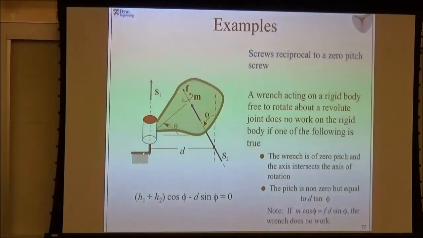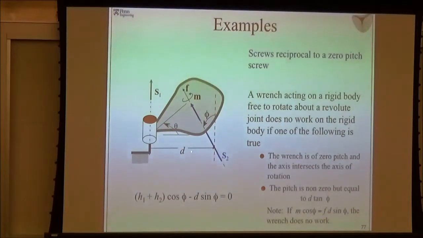So for instance, if you take a single joint and you're applying a wrench to it, the question is, when is this wrench reciprocal to this twist? So remember, this is undergoing a twist about this axis. Well, if this were a pure force, and if it were to intersect that, there is no way you can actually do work with this pure force about this twist.